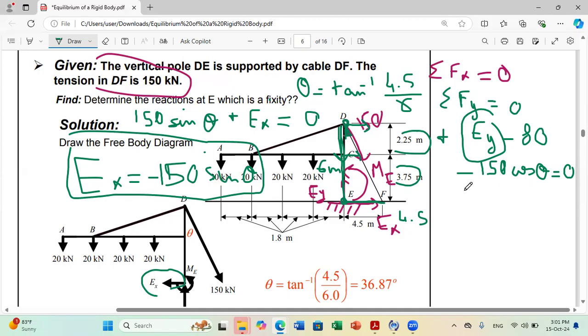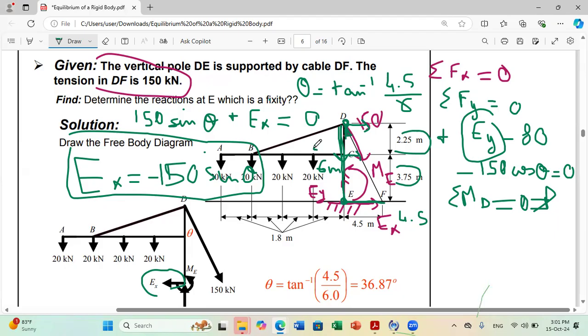Let us do it. So we write sum of moments about D equals 0. What do we have now? If you consider point D, okay? First, for the vertical forces, the distances are really simple.